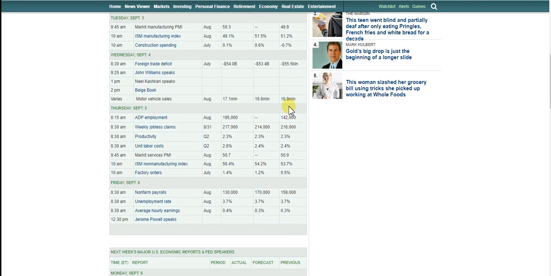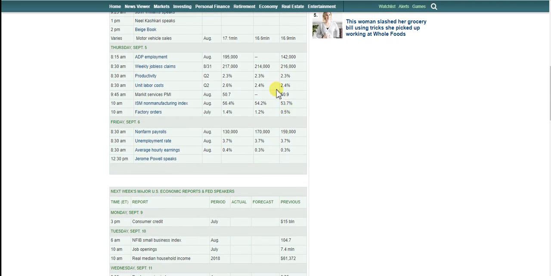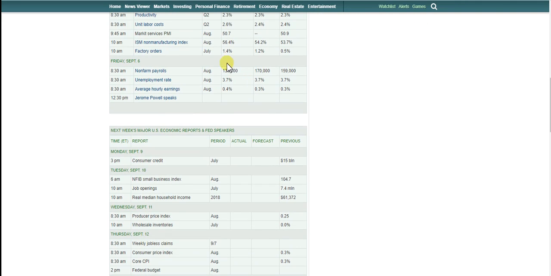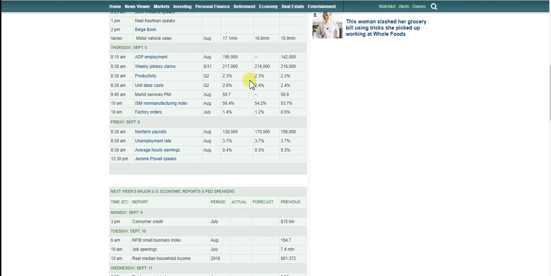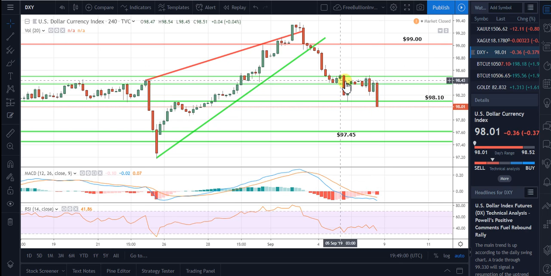It also looks like labor costs were on the rise a little bit, so that could have hurt the U.S. dollar. Factory orders came out above expectations, but what hurt the dollar as well was the non-farm payroll report on Friday, and we can see that it came down considerably.